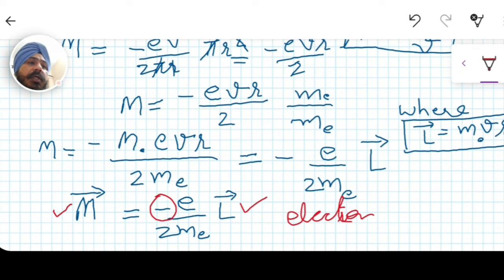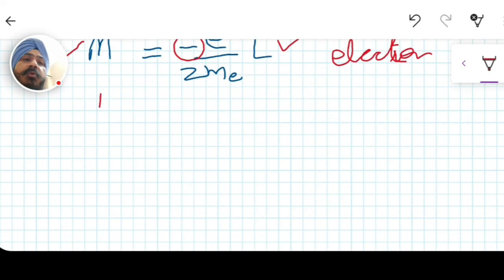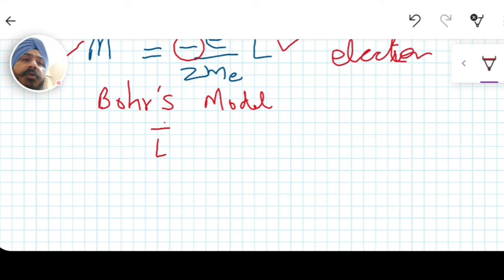Now, as you are aware of Bohr's model of the atom, he has given a very important postulate that the angular momentum of any electron revolving around the nucleus has a quantized value, meaning it can have only specific values which satisfy the relation n h upon 2 pi.